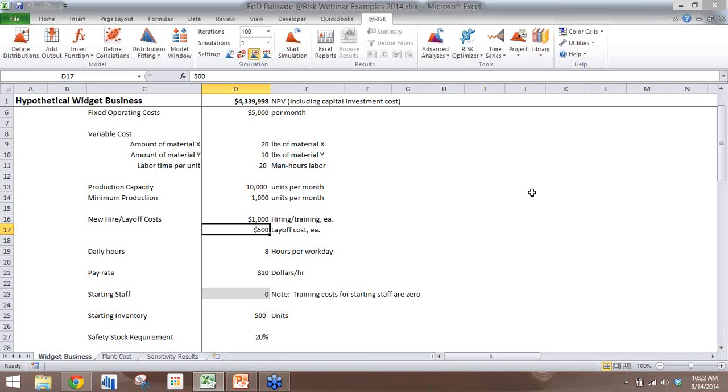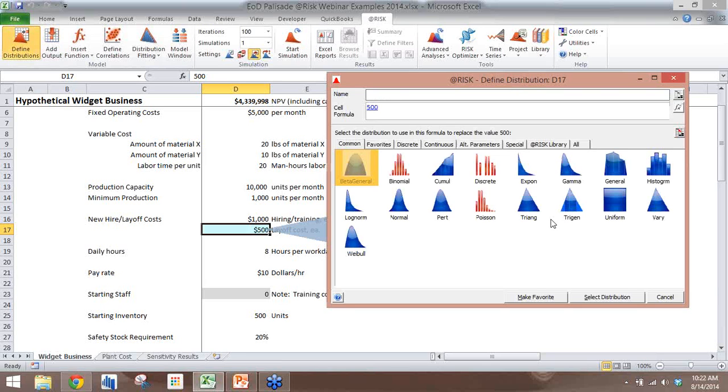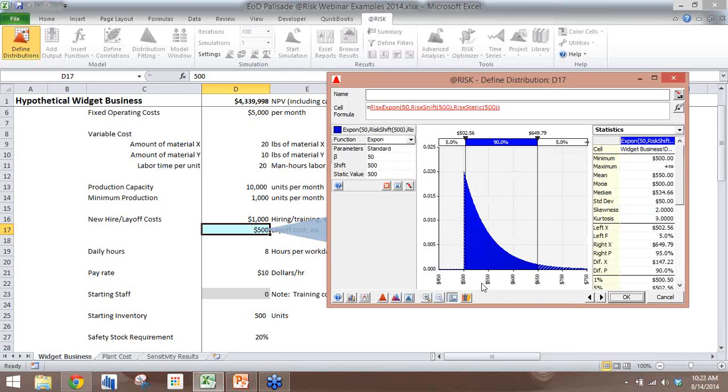execute that layoff decision. What I've decided to do here is use a different form of distribution where the minimum is $500, but it can be much higher than that. So I'm going to choose the exponential distribution because I think that is a good representation of the behavior. It automatically populates with these results.